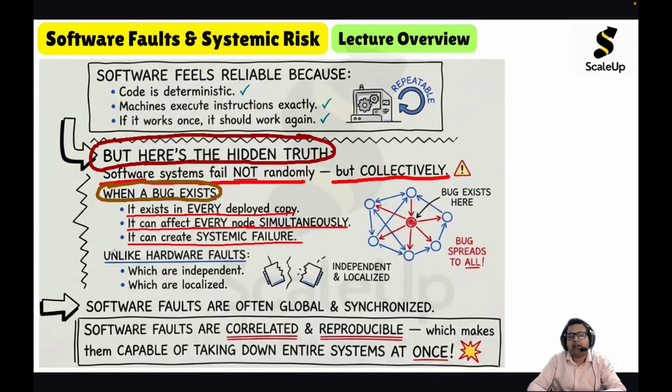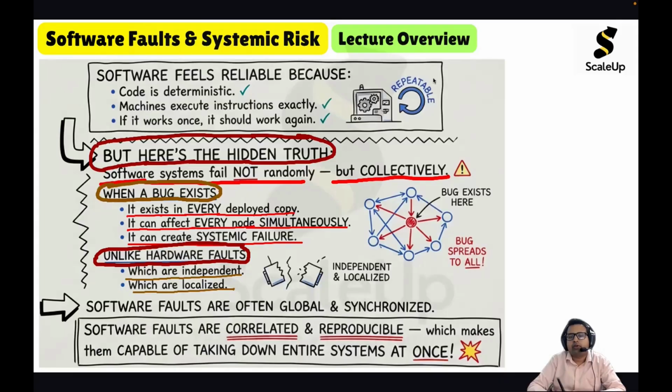Unlike hardware faults, which are independent: in hardware, if a component fails, it might affect that particular node, but it cannot affect any other node. So hardware faults are independent and localized. Unlike hardware faults, software faults can very easily migrate, and hence they can lead to systemic failures.